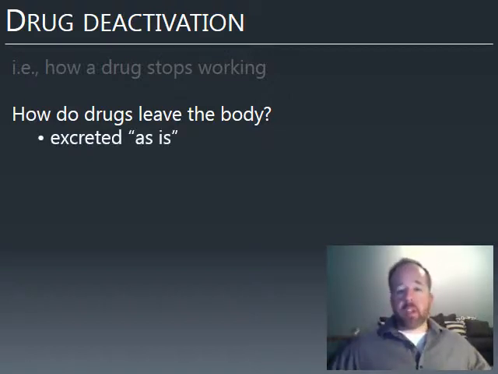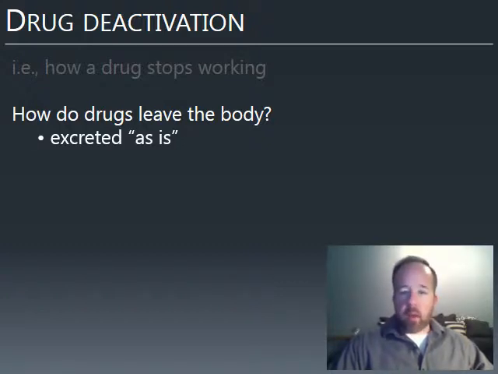So one way to get rid of it is just to excrete the drug as is. Amphetamines, for example, don't get modified in any way. You just excrete them through the urine. That's how amphetamines stop having their effect: you take them, they circulate around the bloodstream, have their effect on the body and the brain, but gradually the kidneys filter them out and excrete them.